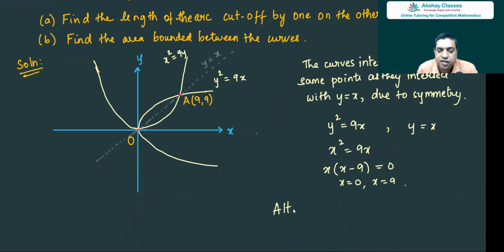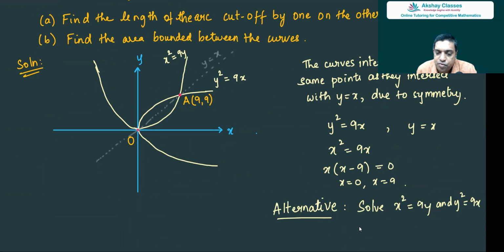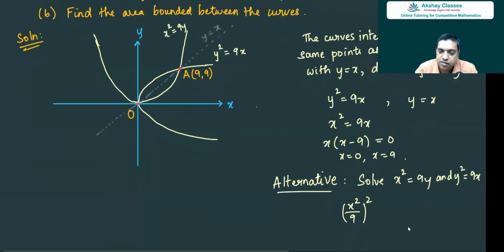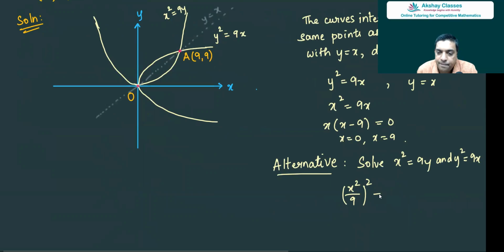Alternative is solving equations. Solve x square equal to 9y and y square is equal to 9x. This also we can do. Substitute from first equation, substitute y in the second. So we'll get x square by 9, the whole square, equal to 9x.